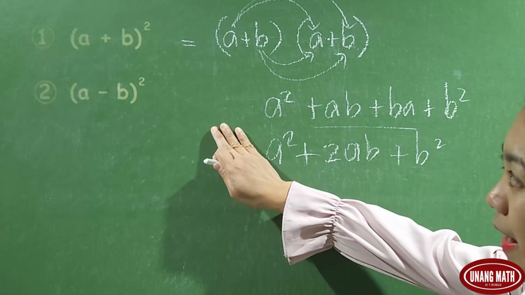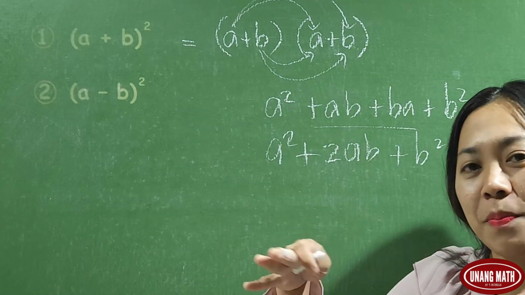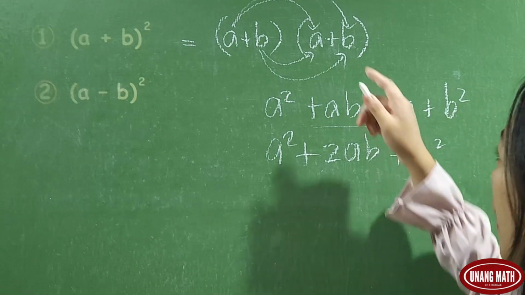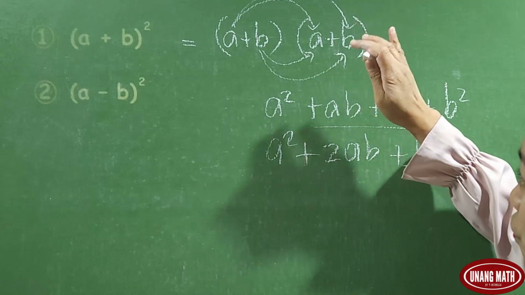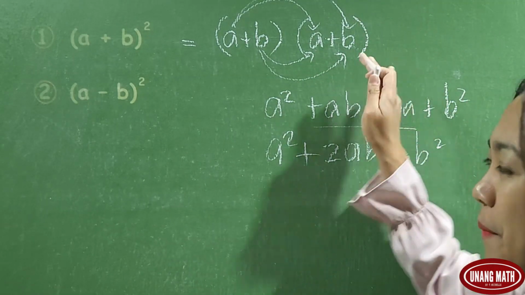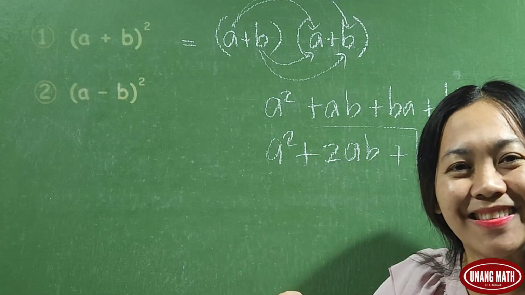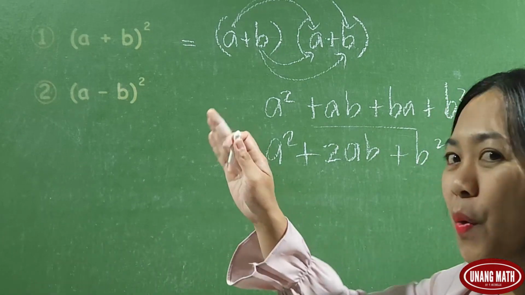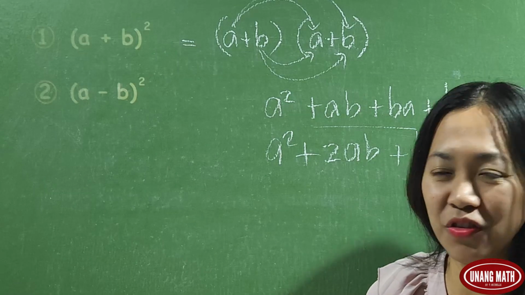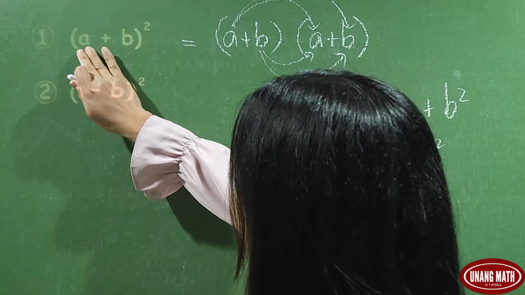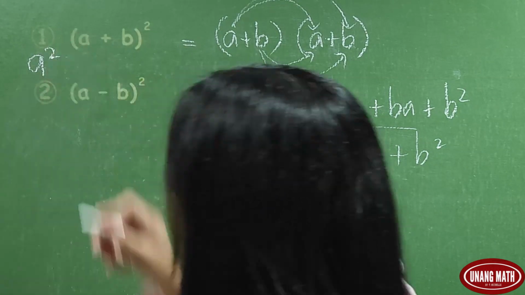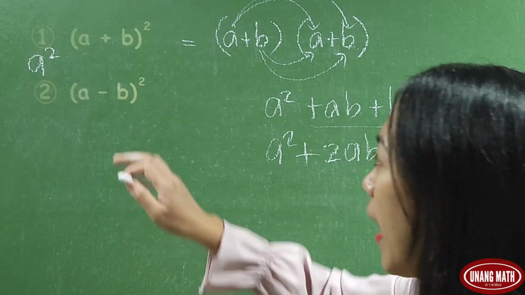Since our lesson is special products, square of a binomial, we are not going to use the distributive property in multiplying the same binomials. Instead, we are going to use patterns. So in here, a times a would be a squared.